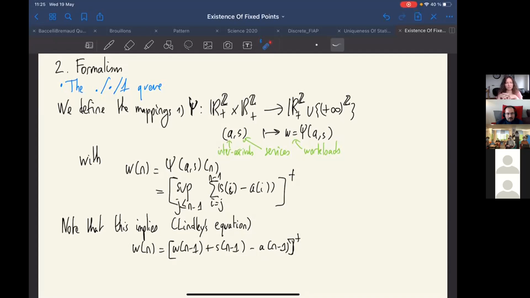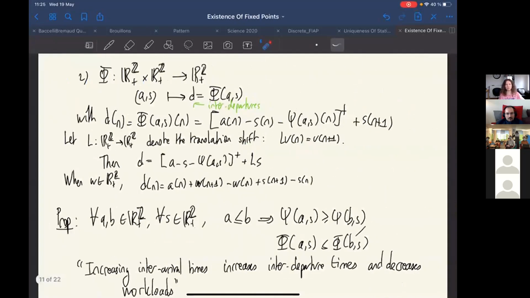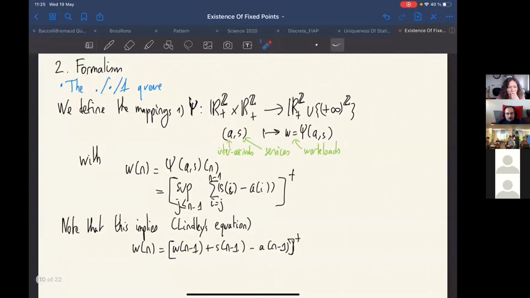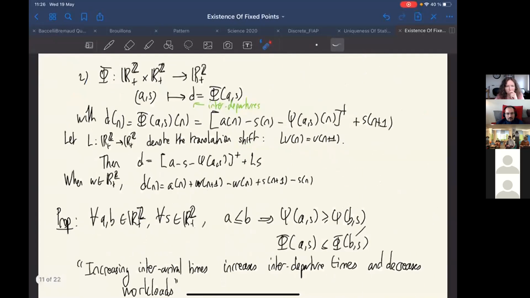You take as an argument the interarrival process and the service process, and you associate with it a mapping that gives you the workloads, and another mapping that I'll introduce in a second that gives you the interdeparture process. So this is not necessarily a GIQ, but just any queue seen as a mapping from the space of interarrival processes and service processes into the space of interdeparture processes.